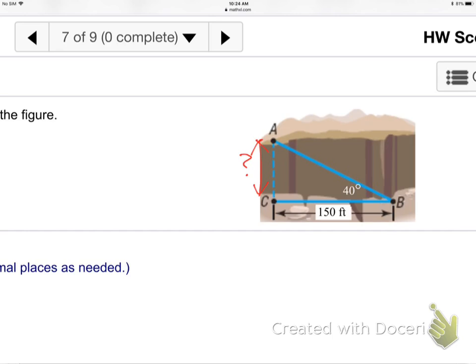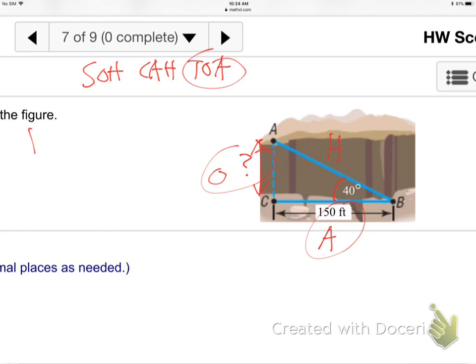Okay, so from the 40's perspective, this is opposite, and this is adjacent, and this is hypotenuse. So we're looking for opposite over adjacent. SOHCAHTOA, opposite adjacent, that's tangent.